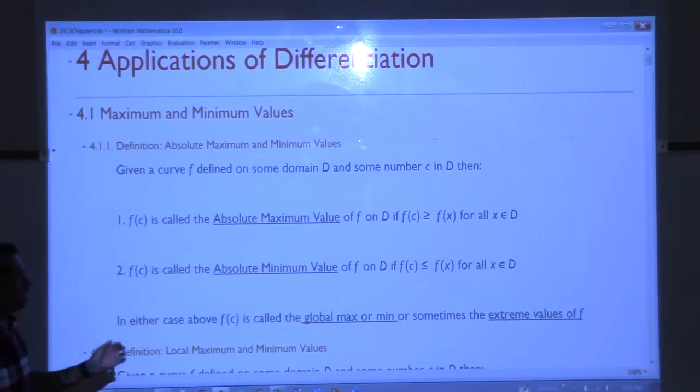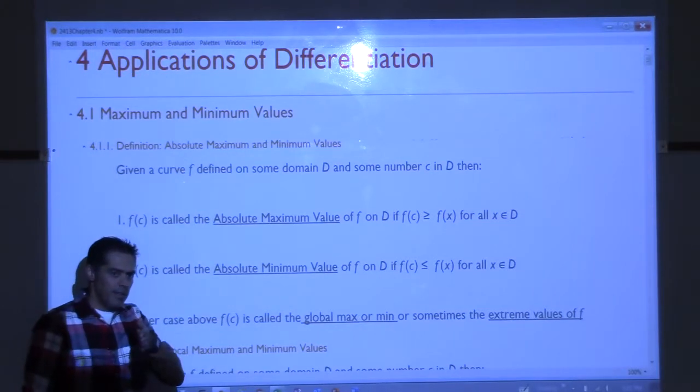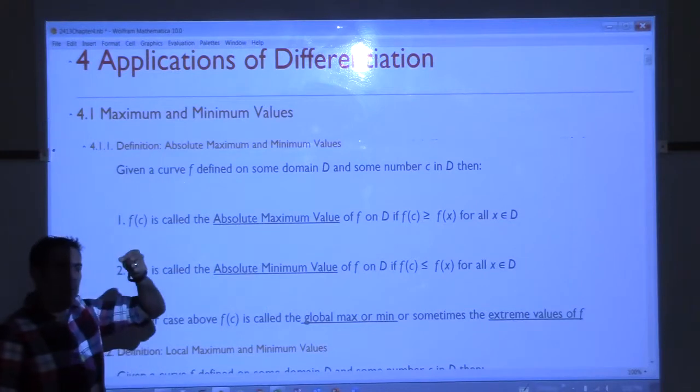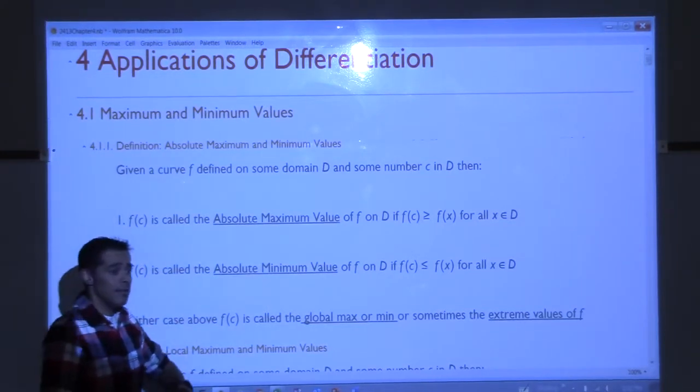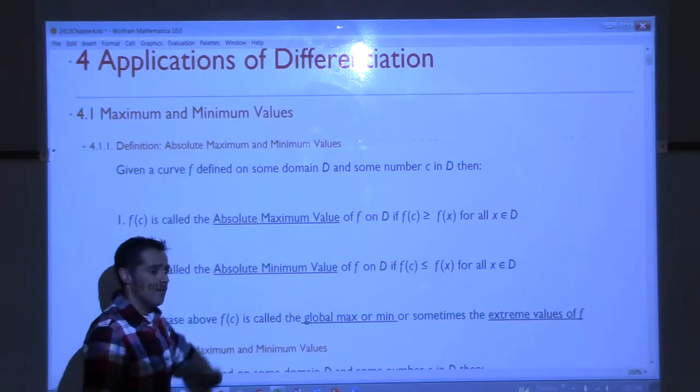All this is saying is that you've got some curve. If you can find a point inside that domain where the point on the graph is higher than every other point on the graph, then you have located the absolute maximum value of the function.